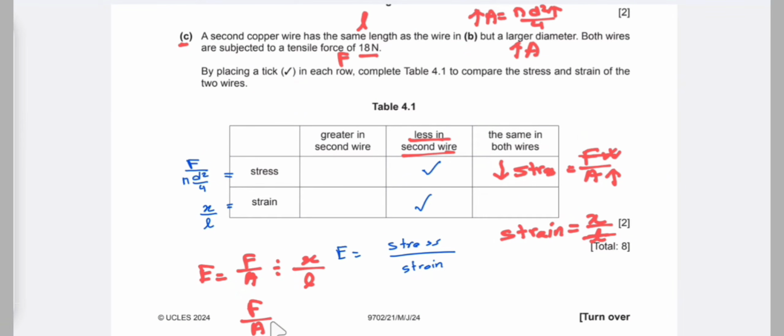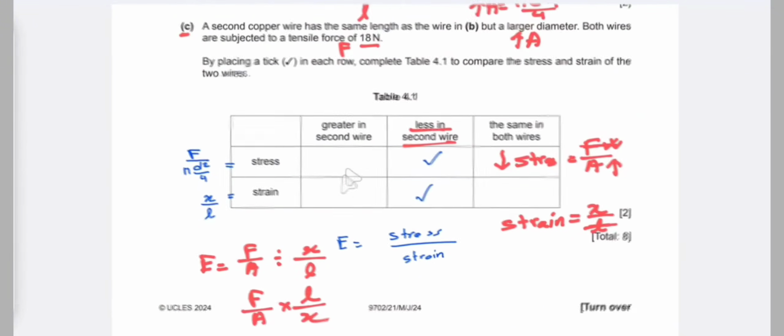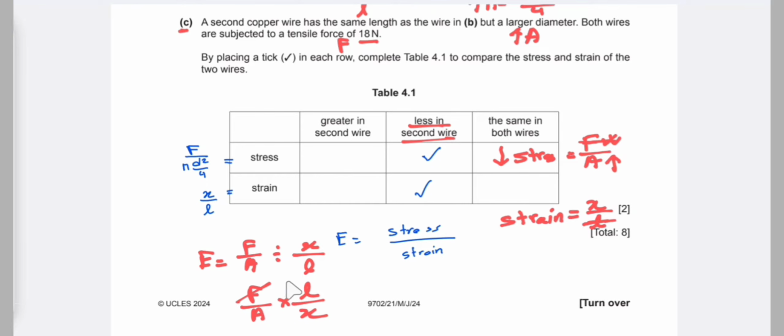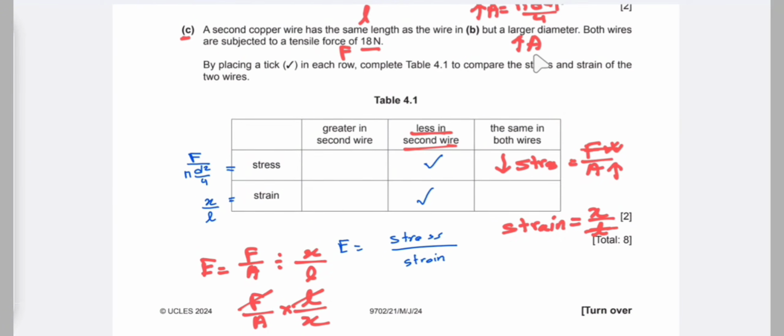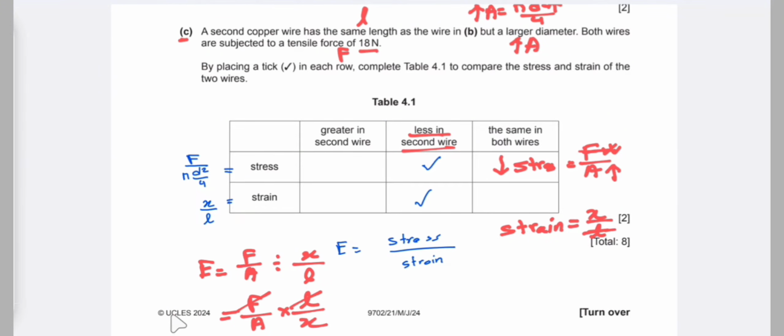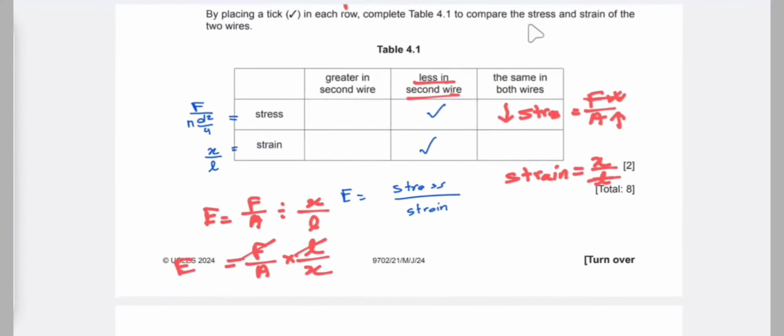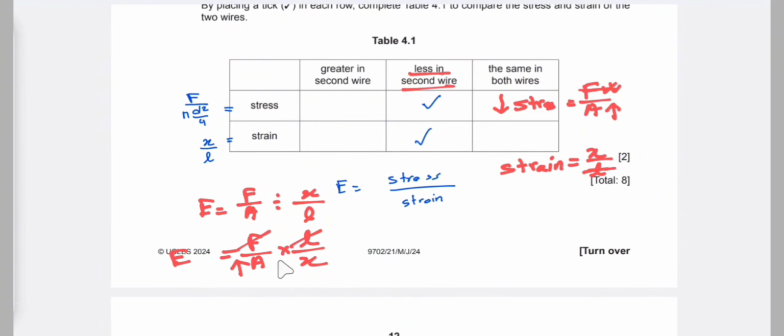So Young modulus is force per unit area into length by extension. The force is same and the length is same, but for the second wire the diameter is more, so the area is more.